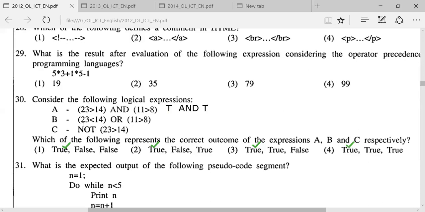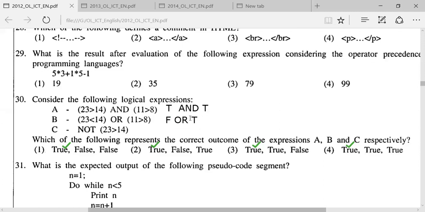Second, 23 less than 40, that is false, or 11 greater than 8, that is true. False or true. It is an OR gate. If we want to get the result as true, at least one input must be true.